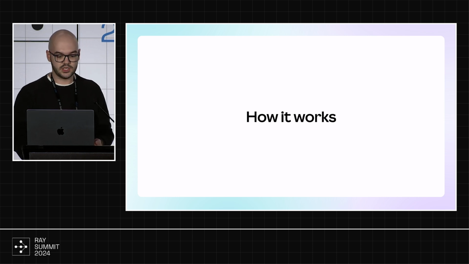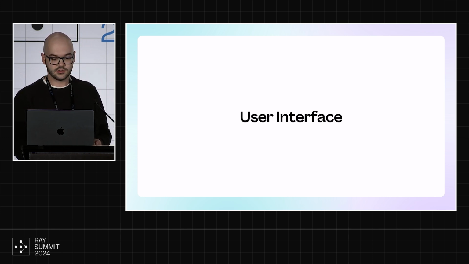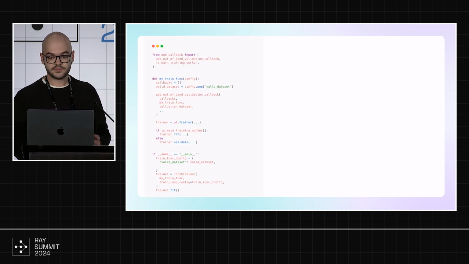But how does this work with Ray and Anyscale, and how is it exposed to our MLEs? To answer the latter question, we're first going to take a look at how this is used by our users, and then we're going to go into the details. Usually with Ray, if you use Ray Train, you have your train func, here it's my train func, and we modify its config that we pass in to also pass the validation dataset in.